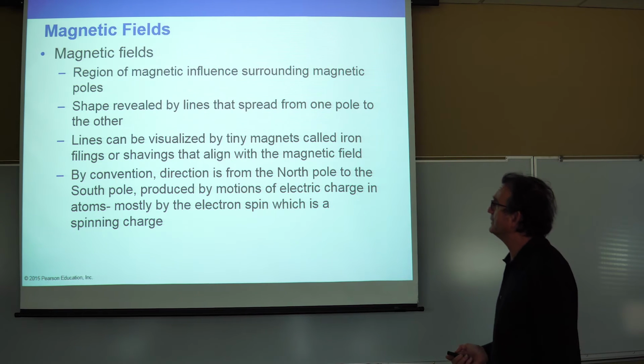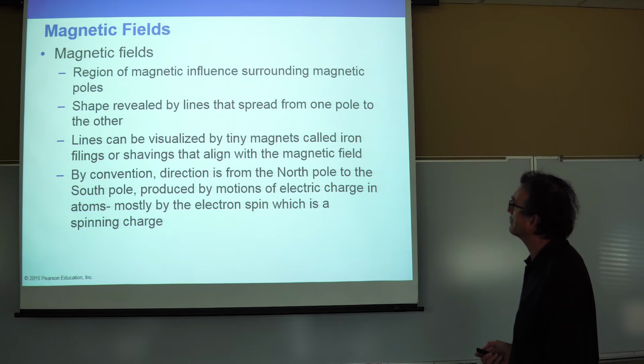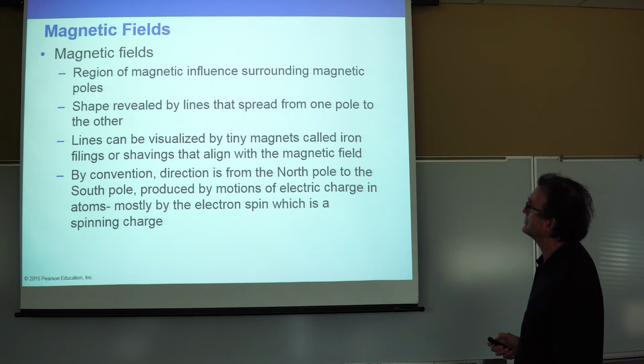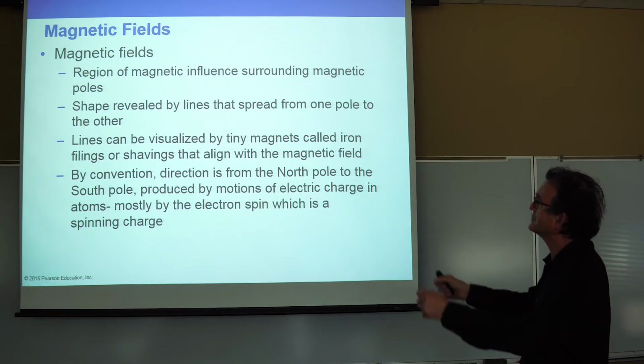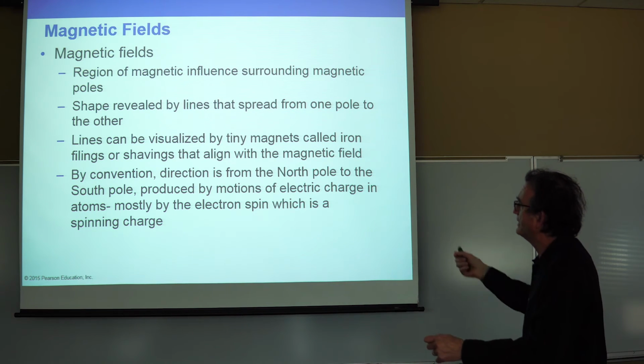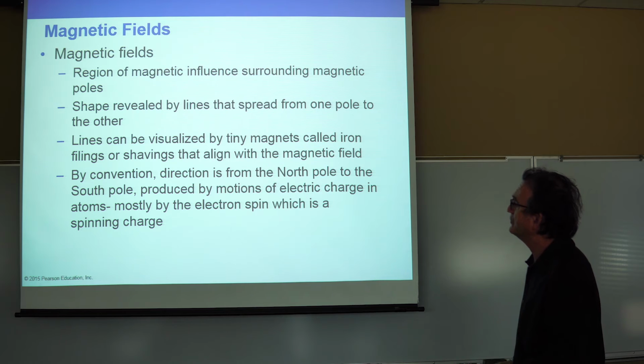Pursuing the idea of magnetic fields, we'll examine a little bit of their properties. It's a region of magnetic influence surrounding the poles. In other words, we've seen these field lines originate from one pole and wrap around into the other pole. The shape is revealed by lines that spread from one pole to the other.